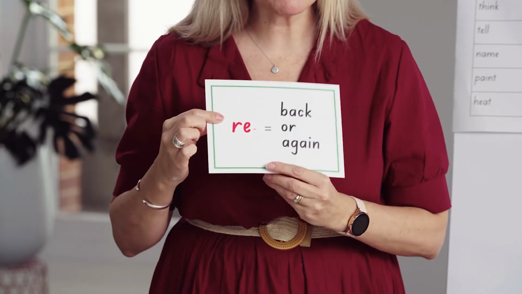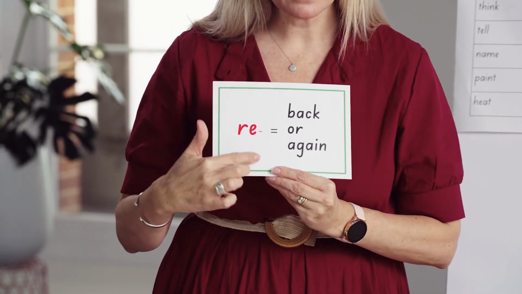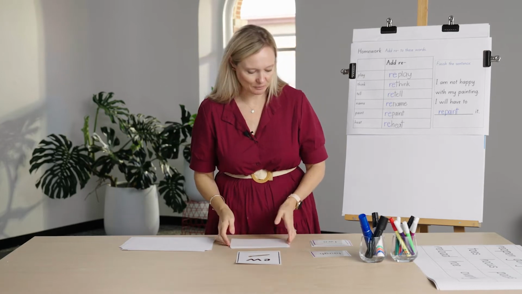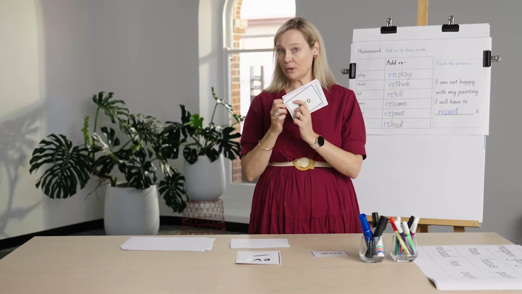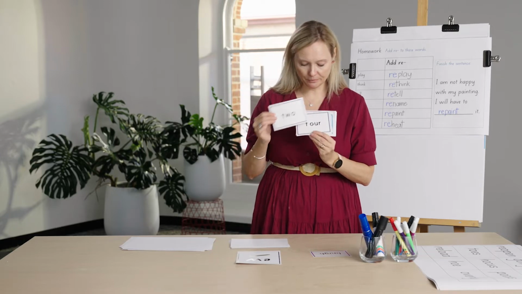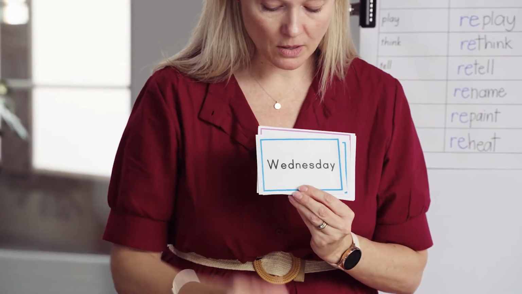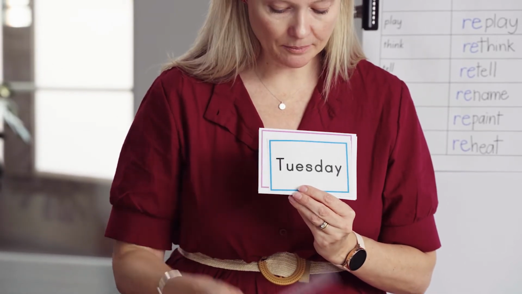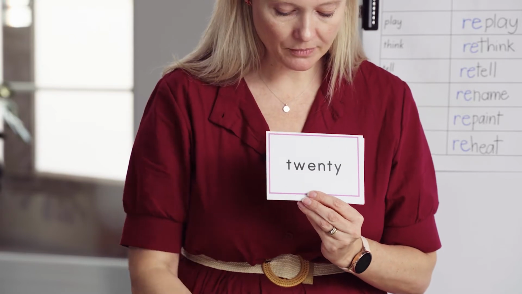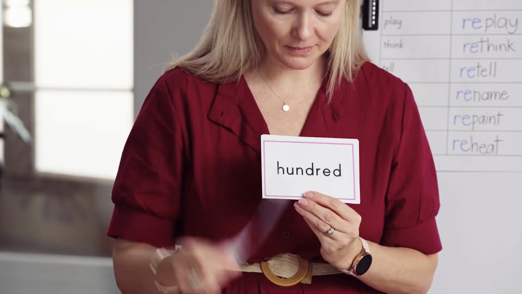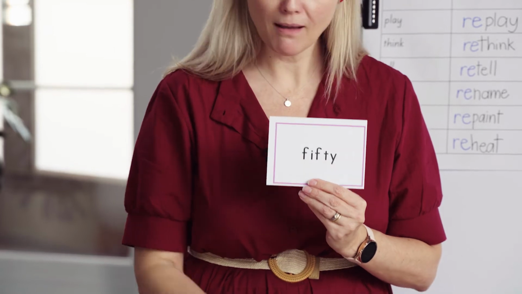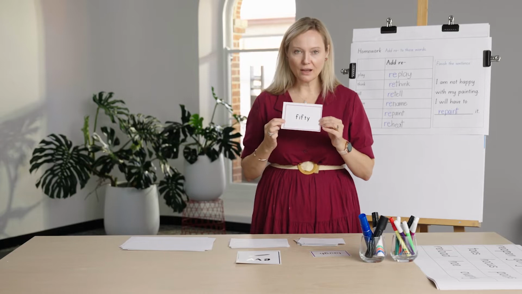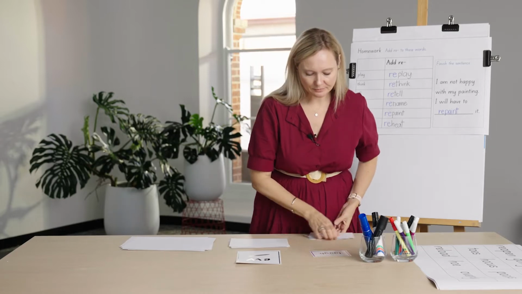And our prefix from last lesson, re, means back or again. Excellent. Irregular words: two, four, Wednesday, because, honey, Tuesday, twenty, hundred. I put fifty in as well, just to remind you of this word that we used the other day.